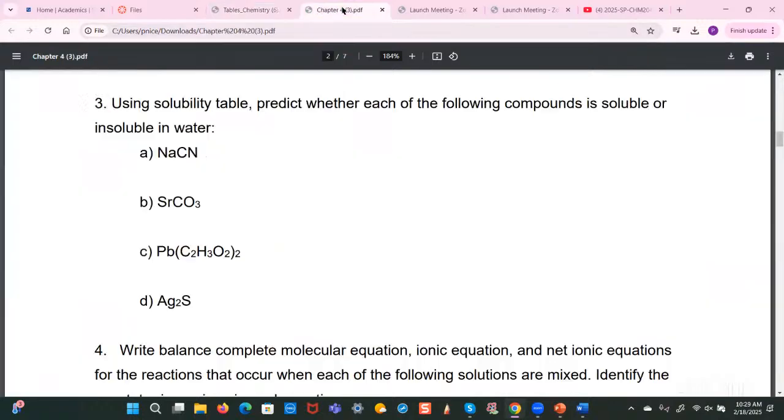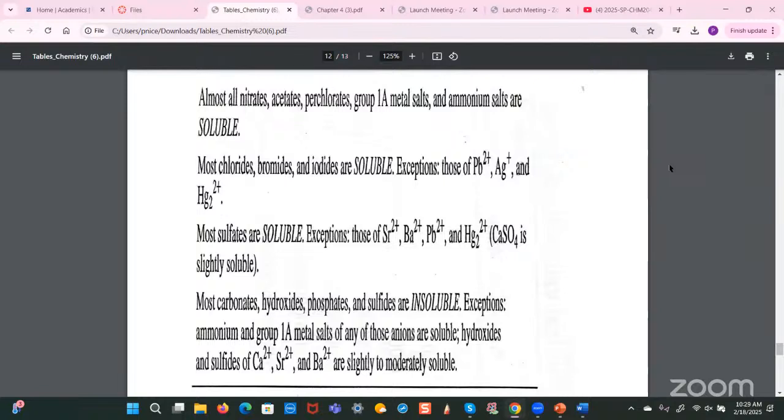Okay, and then what's the next one? Silver sulfide. Would that be soluble or insoluble in water? Insoluble, because silver isn't soluble. Say what? Silver isn't soluble. Your second line says most chlorides, bromides are soluble, with exceptions.